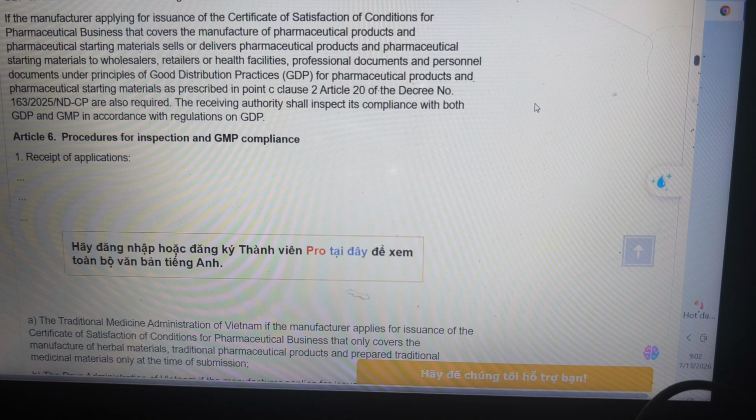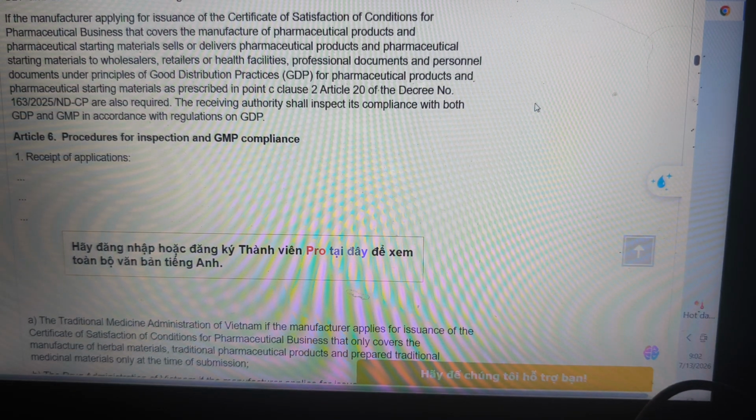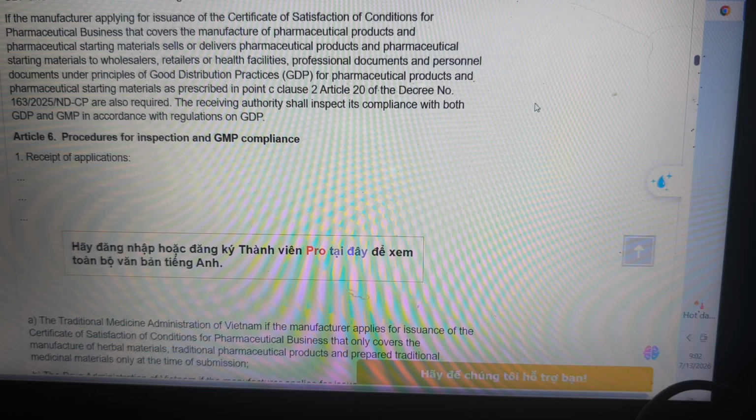The receiving authority shall inspect its compliance with both GMP and GDP in accordance with regulations on GDP.